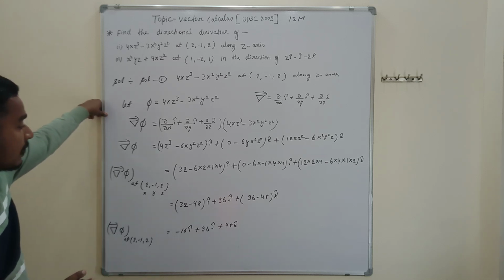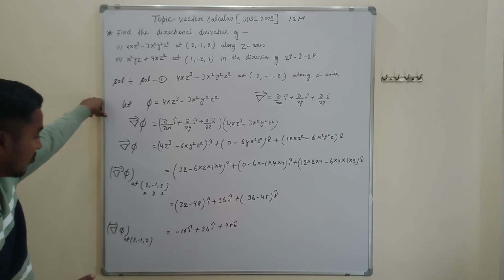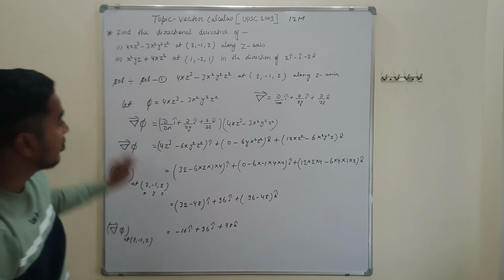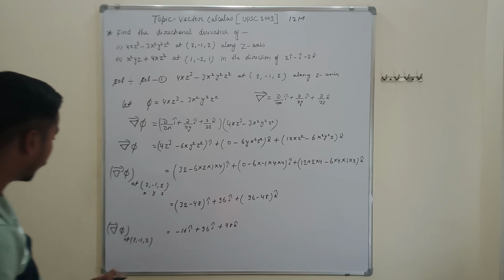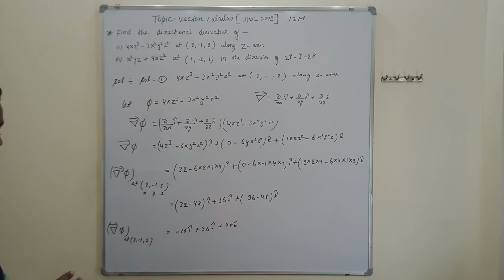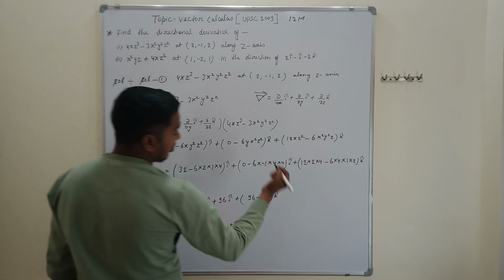So we have to multiply once again. This is 48 k, and we have to find along the z axis. The z axis represents k cap.